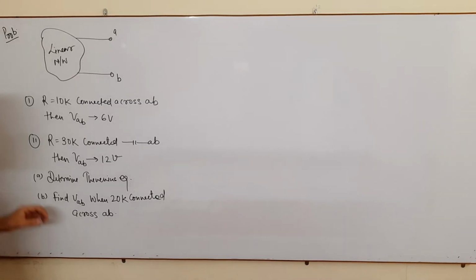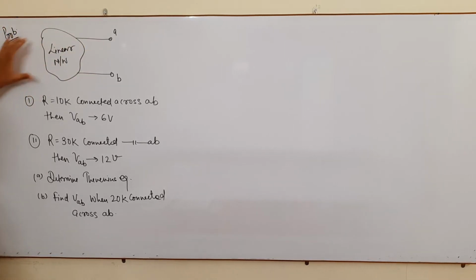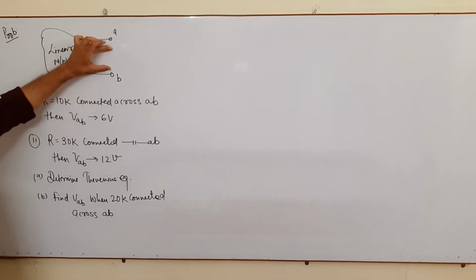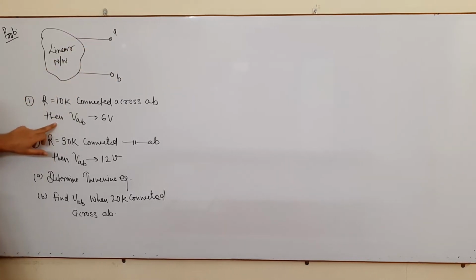Now friends, this is our next problem. See, just try to understand this problem. This is a linear network, some linear network is given here, and there is a terminal AB connected to this linear network. In this problem, some conditions are mentioned. The first condition is, when a 10 kilo ohm resistance is connected across AB, the voltage across AB comes to be 6 volt.